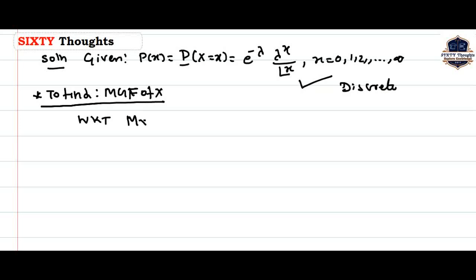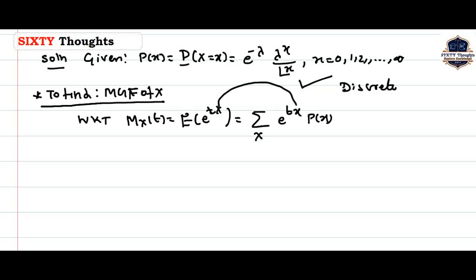M_X of t equal to the expected value of e power t X, that is equal to the summation of e power tx into p of x, where wherever capital X is there, we place capital X equal to small x. Now substitute the given function, that is, the given probability mass function.